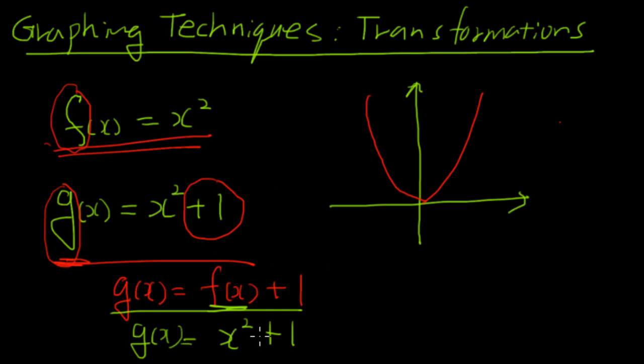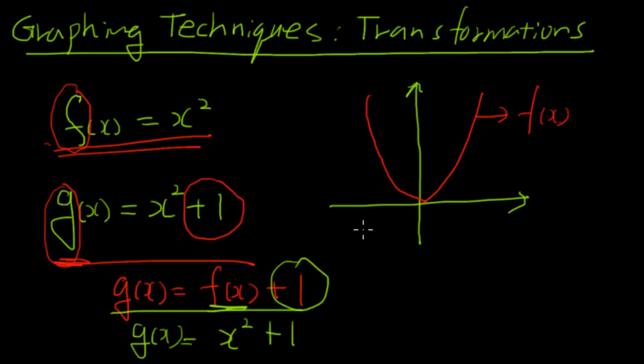When we add a number or subtract a number in the same sense, what will happen to the original? See, this red is f of x. Every dot on red is going to go up by how many units? 1 unit, of course.